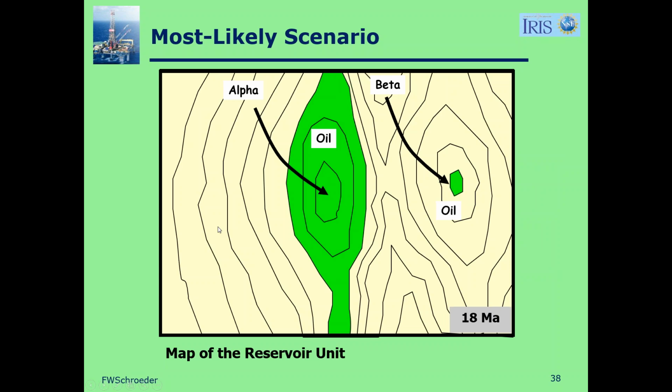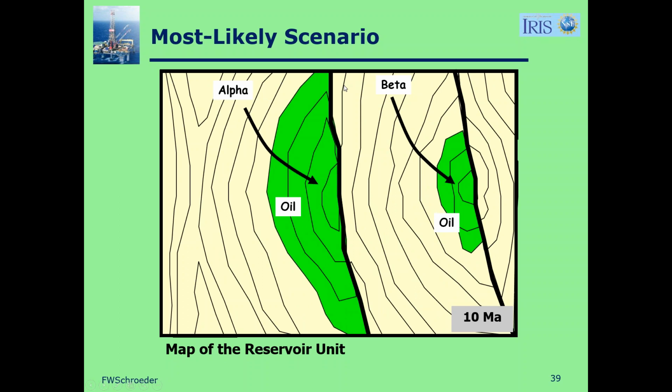So in map view, this is how the area might have looked 18 million years ago. The faults have not started. I'd have oil in the culmination at alpha, and if I had some spillage, I might be able to get some oil into beta. 10 million years ago, now both faults are in place, and I'm going to assume the faults seal.